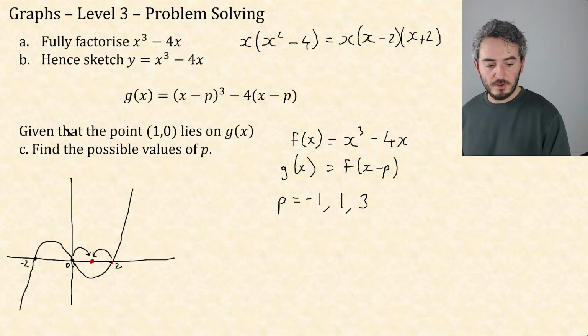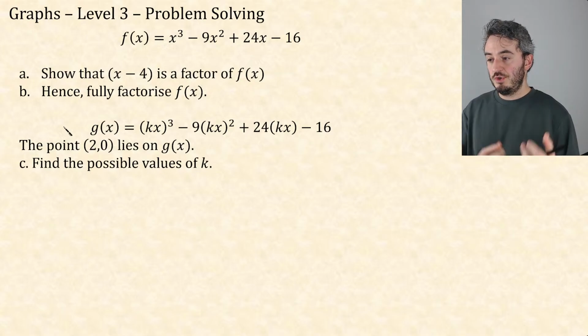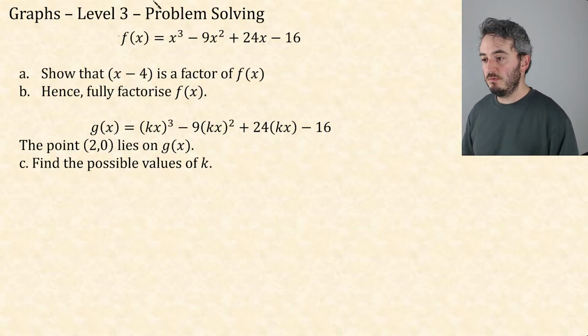Let's have a go at another one involving a stretch. So f of x is x cubed minus 9x squared plus 24x minus 16. Show that x minus 4 is a factor, hence fully factorize. So this is just a bit of algebraic division.